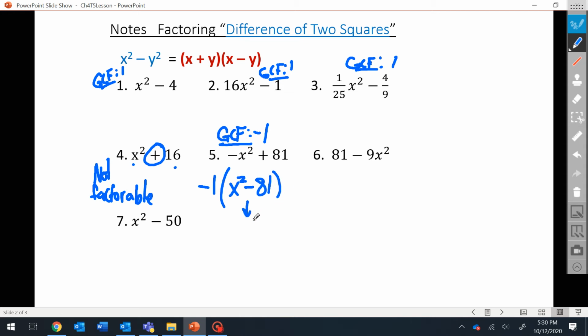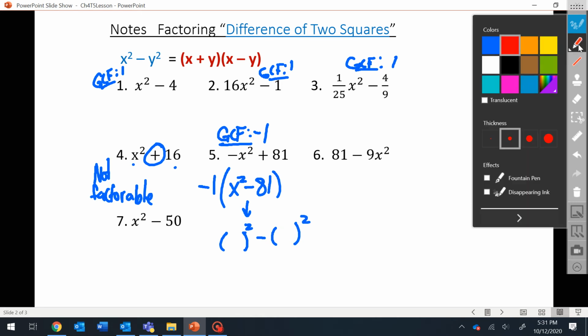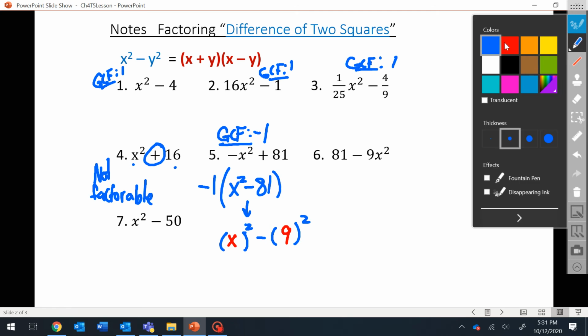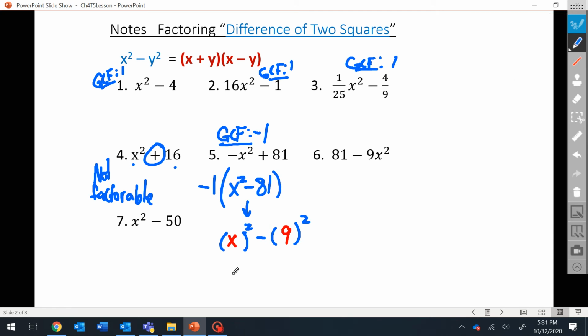Well, now we want to factor x squared minus 81. It has 2 terms and subtraction between them, so let's check to see if it's a difference of 2 squares. The square root of x squared is x, and the square root of 81 is 9. So it is a difference of 2 squares.